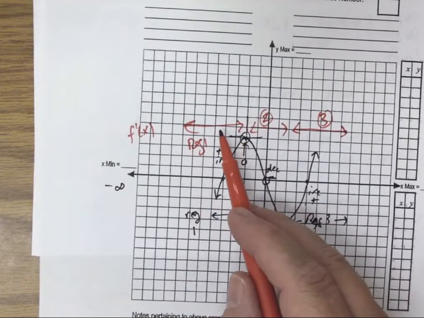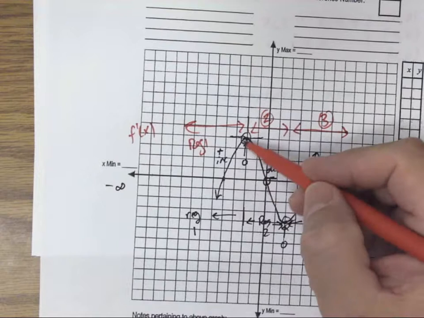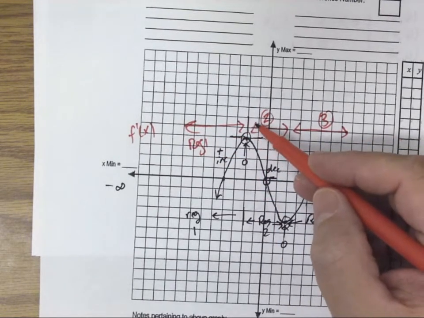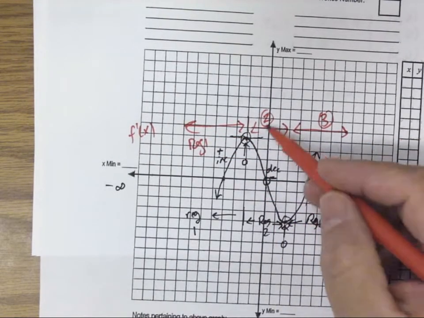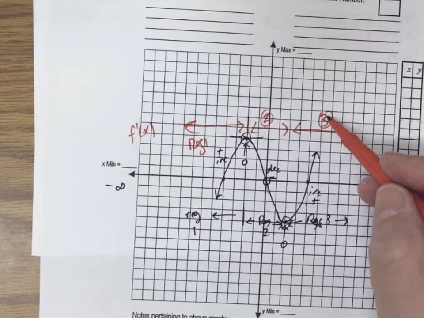So this is the first derivative. This is where the slope changes, or you think of increase, decrease, right? Increase, region 1, it changes to decrease, region 2. Down here it changes back, region 3.